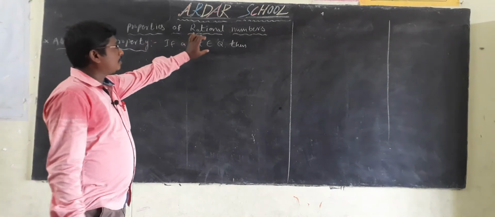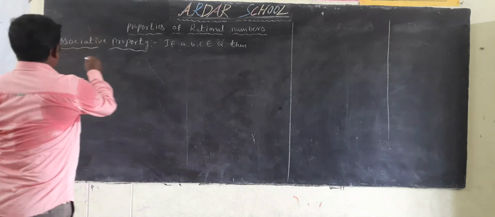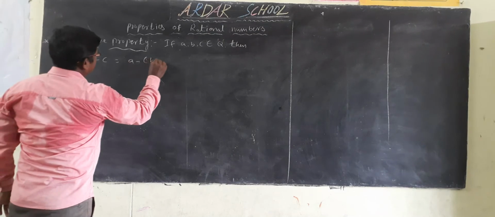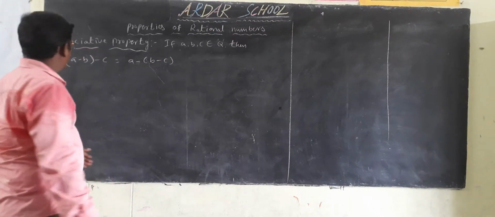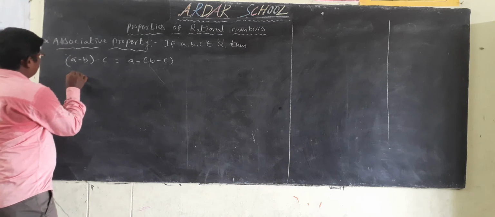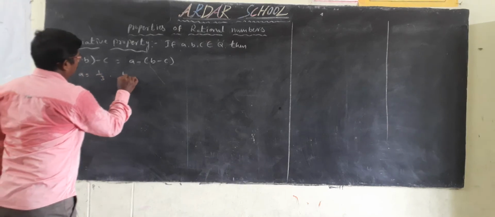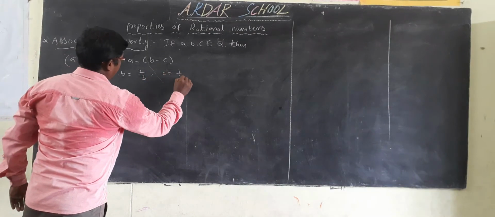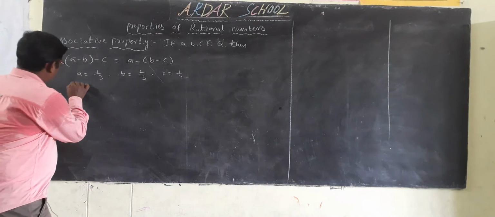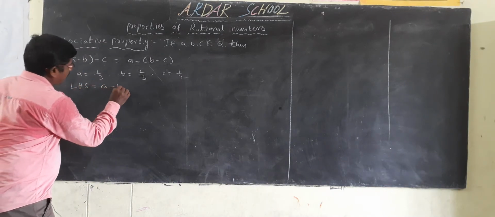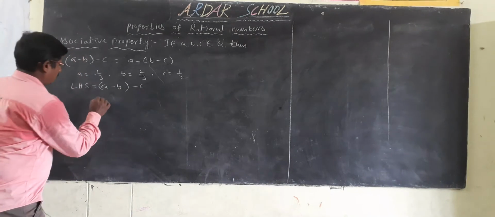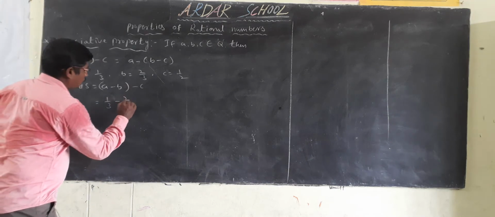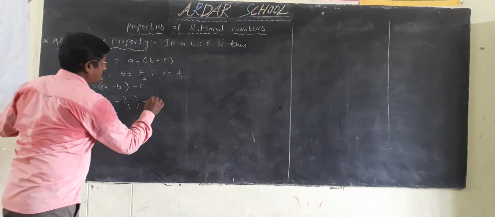If a, b, c belong to Q, then (a - b) - c is equal to a - (b - c). Okay, take an example. Here a is equal to 1 by 3, b is equal to 2 by 3, c is equal to 1 by 2. So take LHS, which is equal to (a - b) - c. So a - b, a is 1 by 3 minus b is 2 by 3, minus 1 by 2.